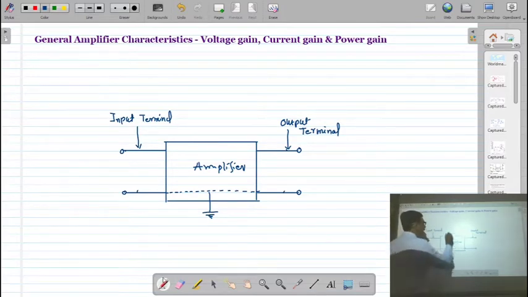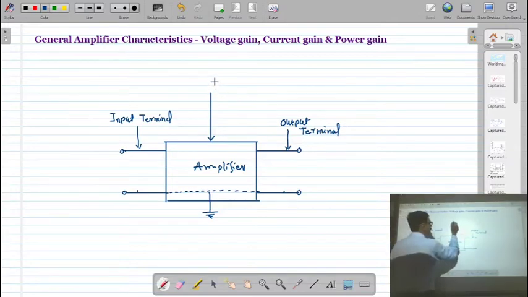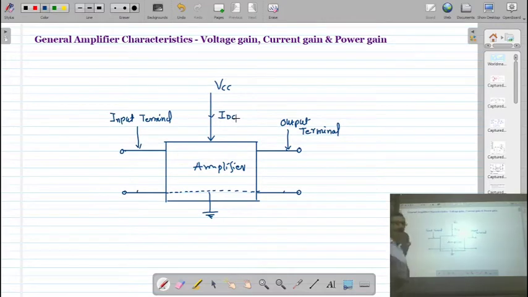So we are connecting a battery to this amplifier, and normally this battery voltage is designated as VCC, and due to this VCC, whatever current is flowing in the amplifier is a DC current, so it is designated as IDC.